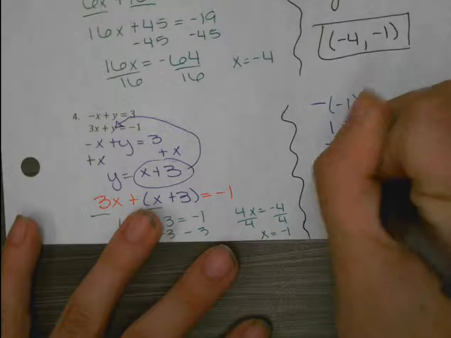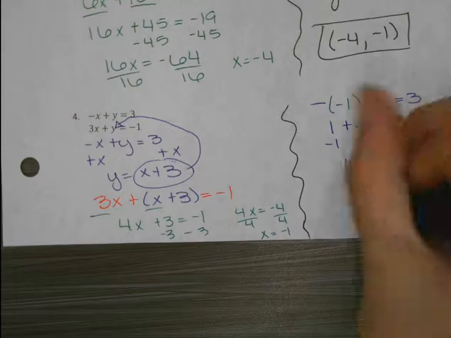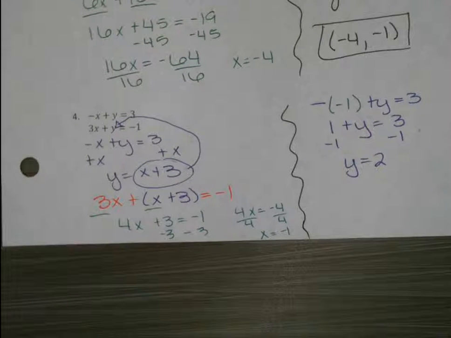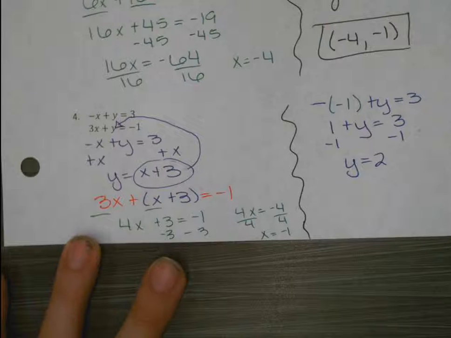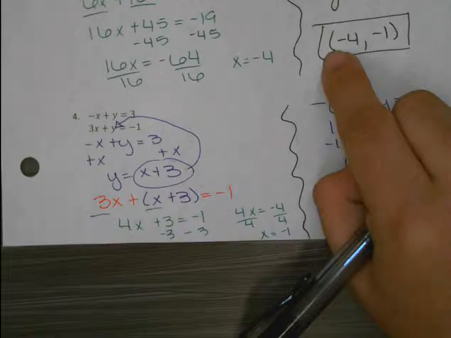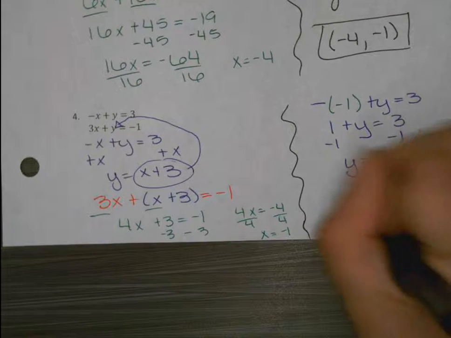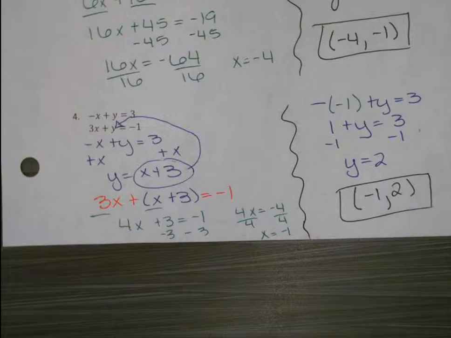Melanie. What's 3 minus 1? 2. So now I can say my answer. What's my answer? No. Remember up here I wrote my answer -4, -1? So it's going to be -1, comma, 2. Questions on number 4?